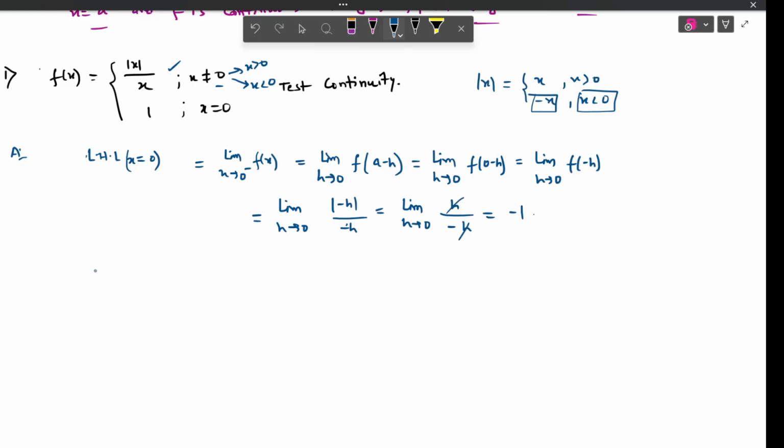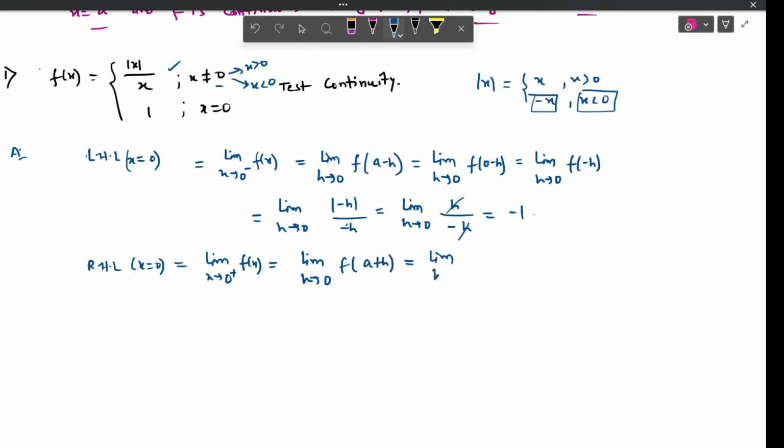right? Now let us check right hand limit at x equals to 0. So it would be limit x tends to 0 plus f of x. You have to convert it into h tends to 0. So limit h tends to 0, f of, here you have to write a plus h. What is a? a is 0.